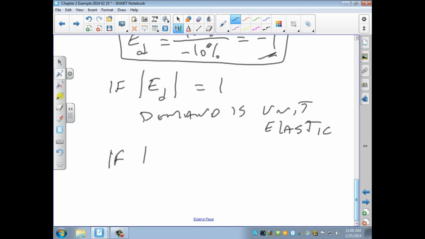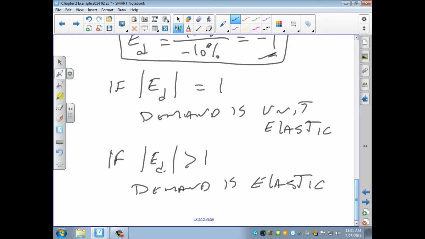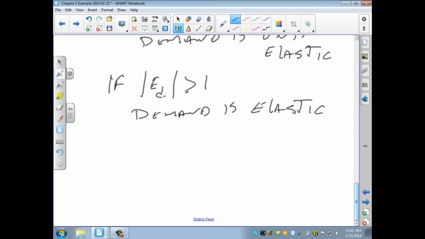If absolute value of elasticity is greater than 1, then you say demand is elastic, right?